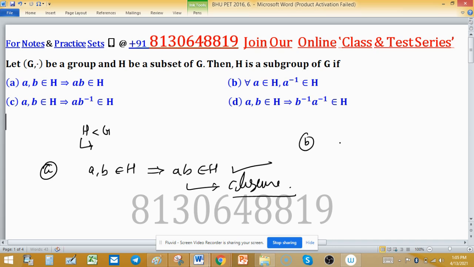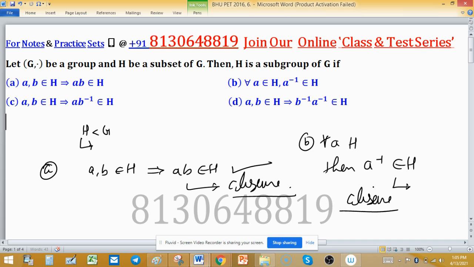For option B, if a is in H, then a inverse belongs to H, meaning each element has an inverse in H. So can we say H is a subgroup? No, because we can't prove the closure property.